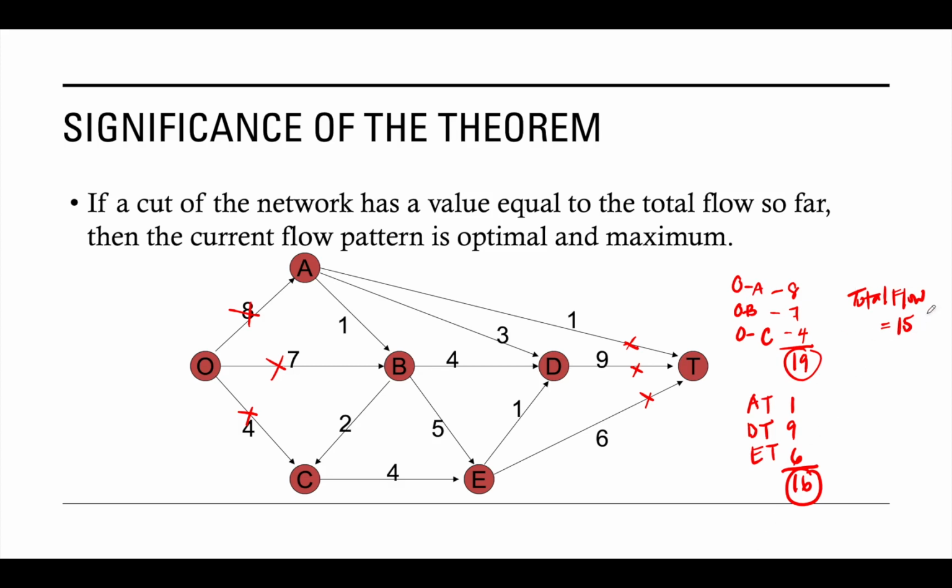We don't know if we missed an augmenting path such that the total flow will actually increase to 16, or we don't know if we were not able to find a better cut, a cut that is equal to 15. Remember the importance of having the max flow and the min cut to be equal, because only when the two are equal can we be sure that the total flow that we have is actually the maximum.